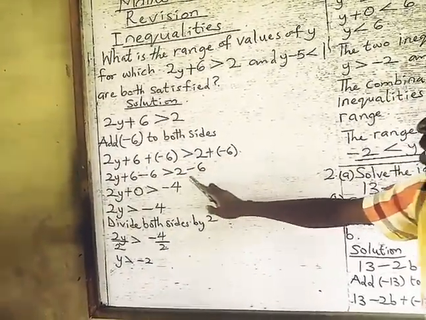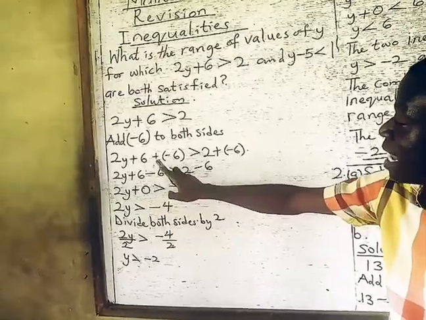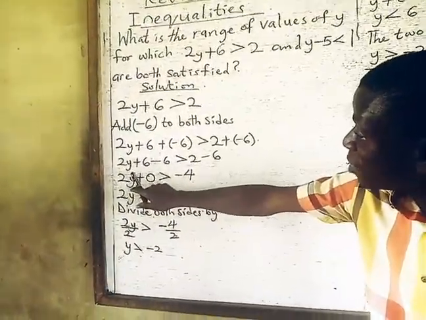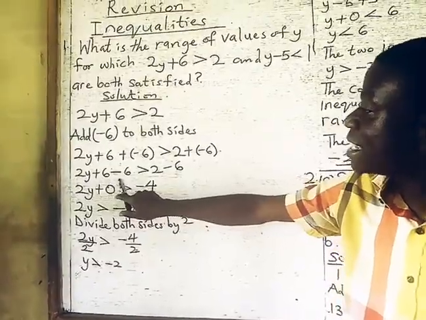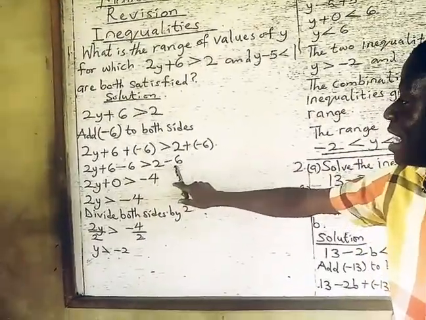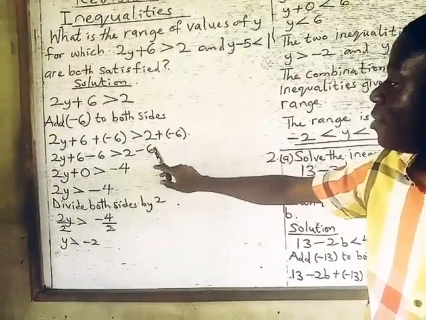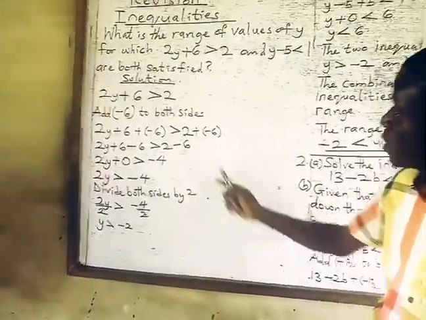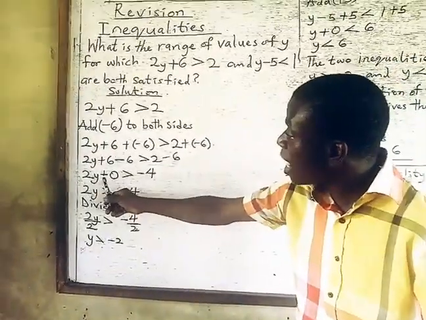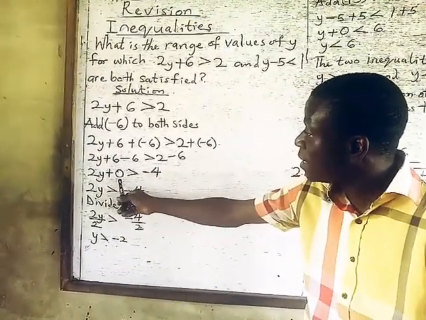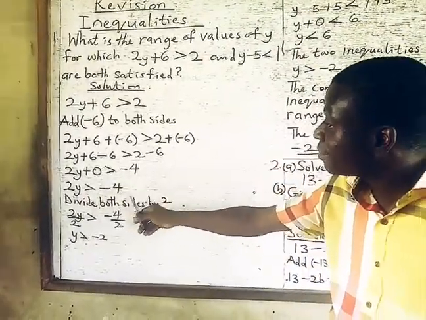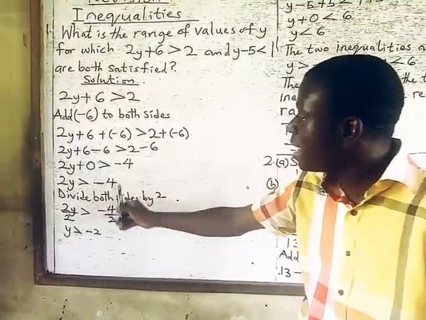And we all know that plus times minus gives minus. So this boils down to 2y plus 6 minus 6 is greater than 2 minus 6. We have 2y, and 6 minus 6 gives 0. 2y plus 0 is greater than minus 4. 2y is greater than minus 4.